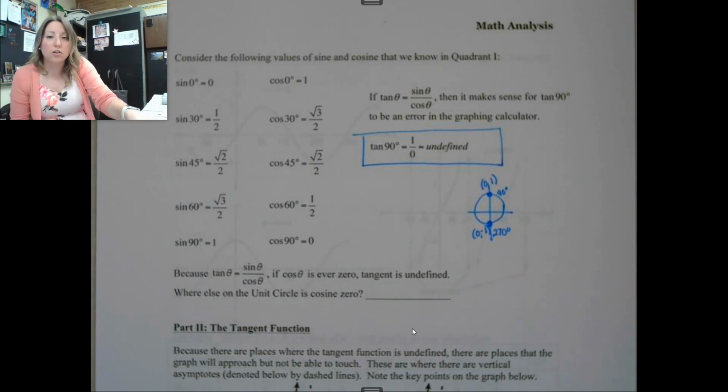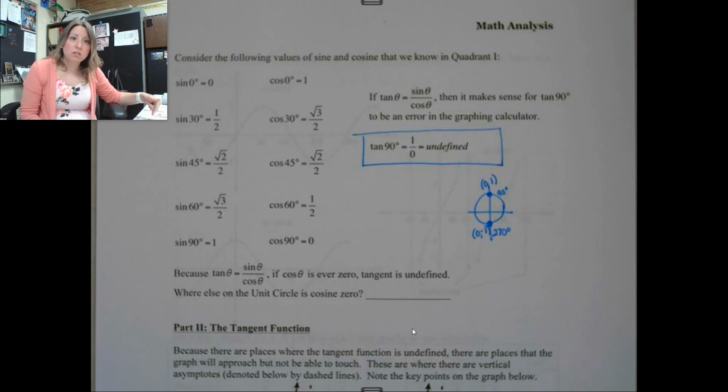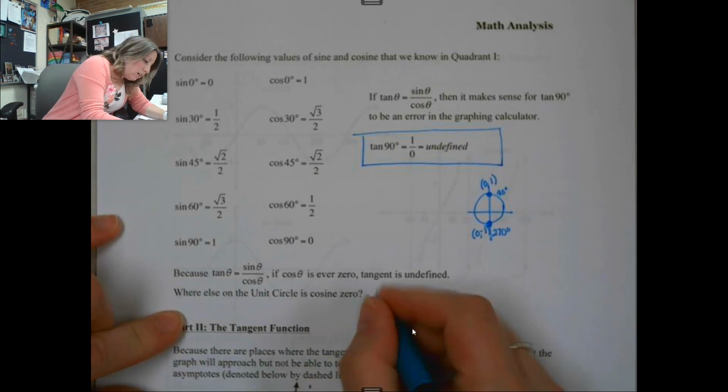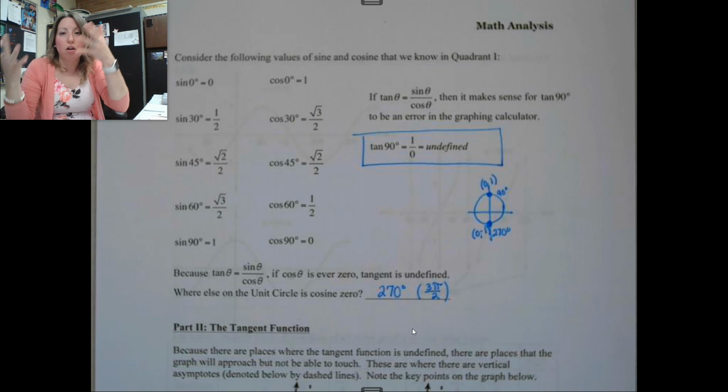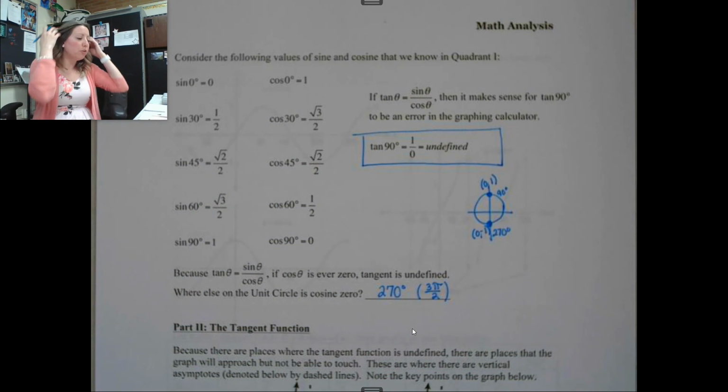You get another undefined place for tangent. So actually, at 270, or 3 pi over 2 radians, you get another undefined spot, which means that the tangent function has lots of asymptotes.